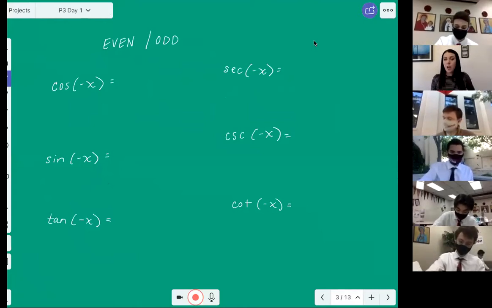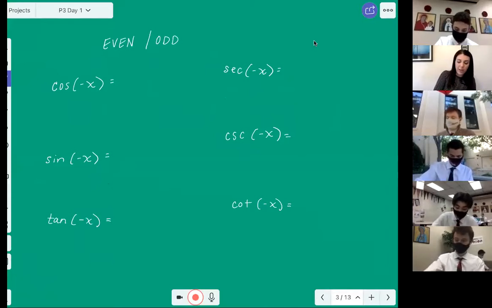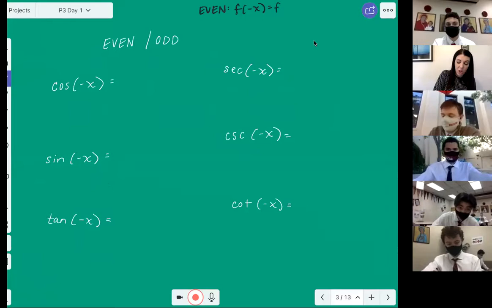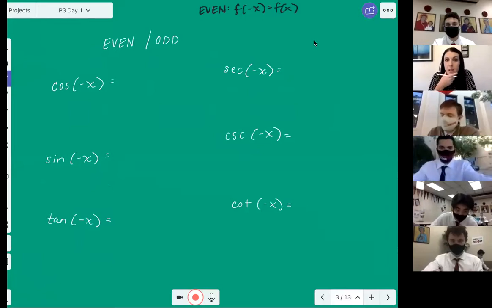If you remember talking about even and odd functions, what we said was for an even function, f of negative x is equal to f of x. This was a long time ago we talked about this, right? F of negative x is equal to f of x.